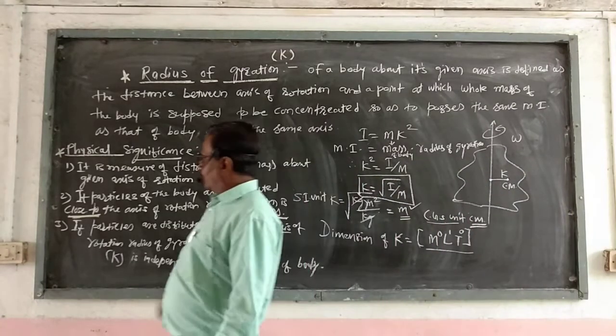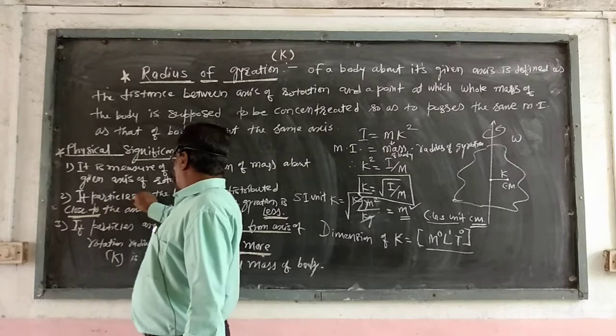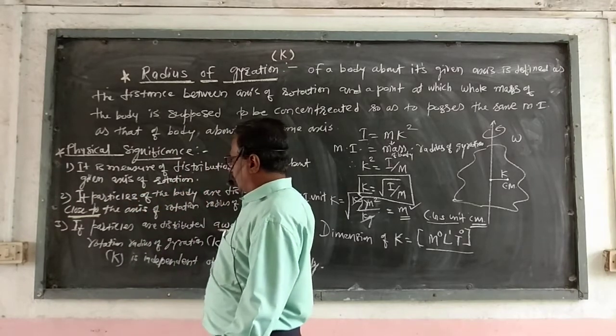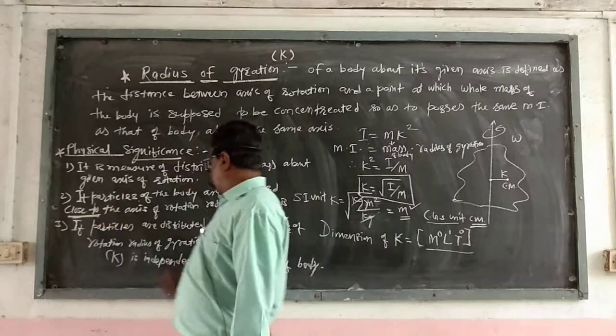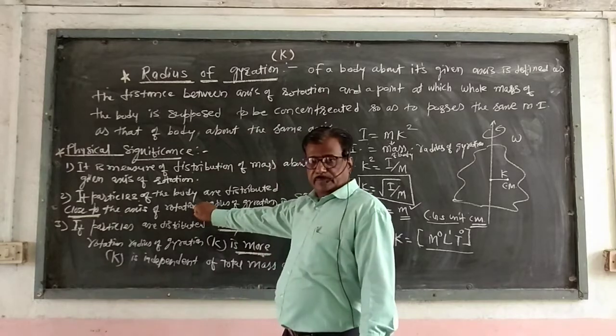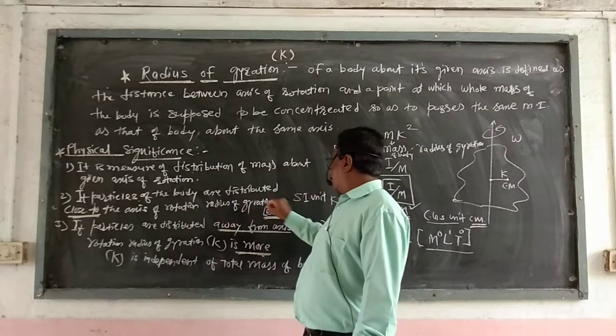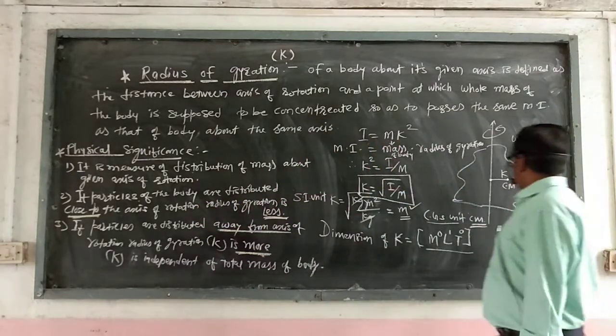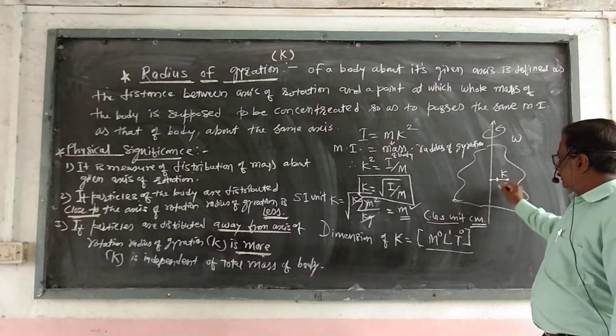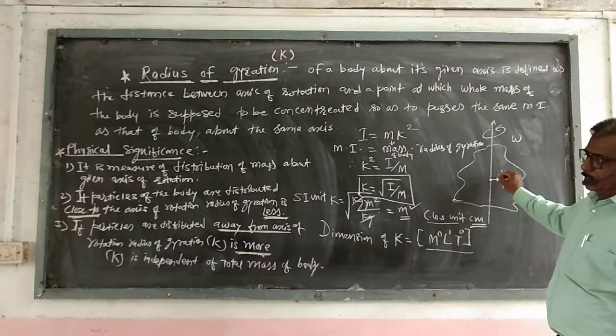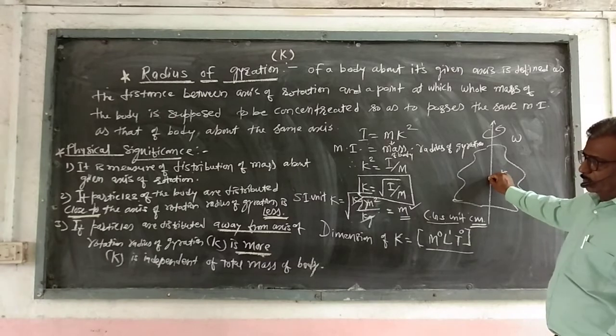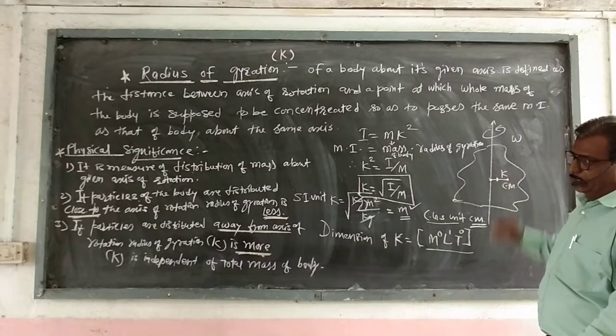Second significance: if the particles of the body are distributed close to the axis of rotation, then the radius of gyration is less. Suppose this particle is close to the axis of rotation, then the value of K is less.